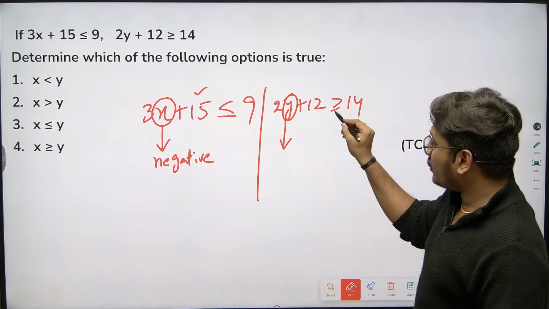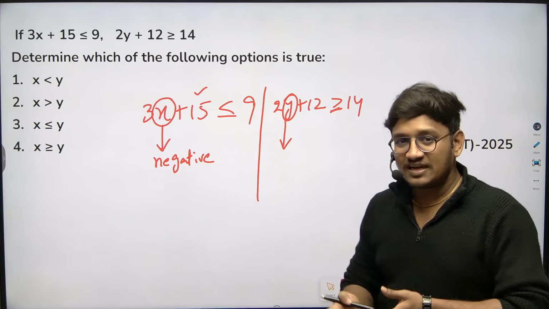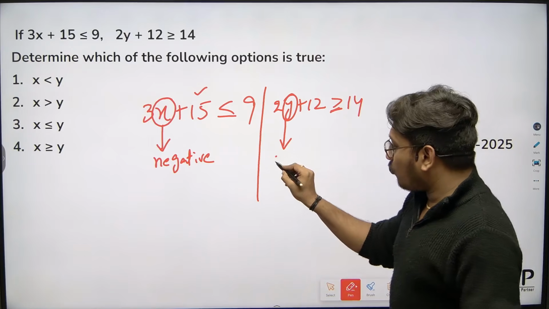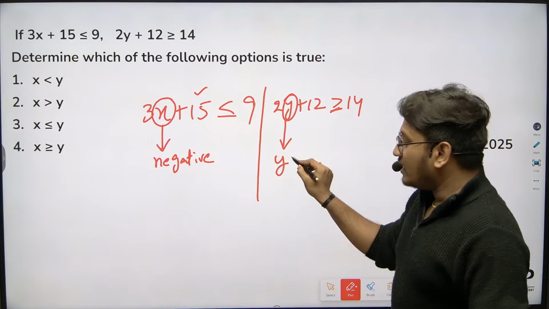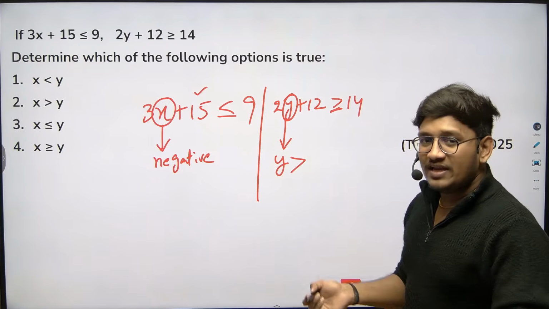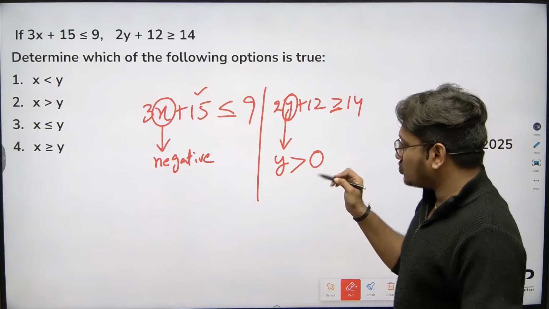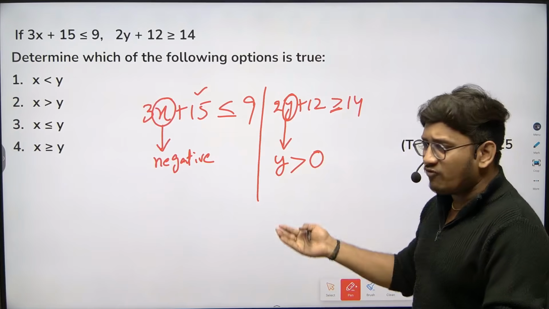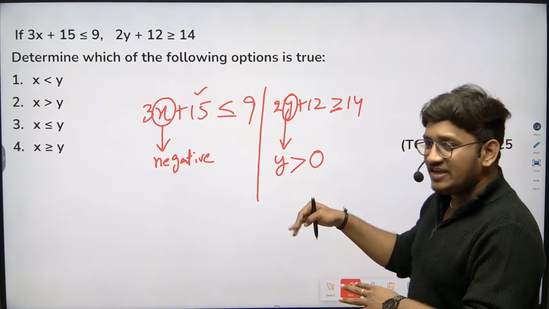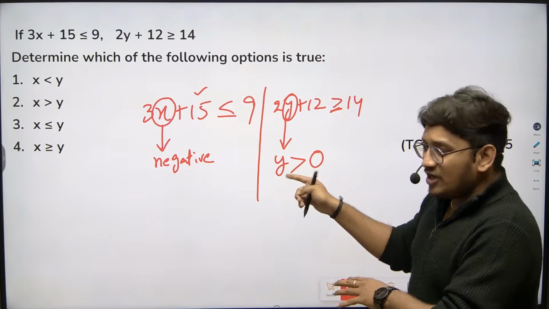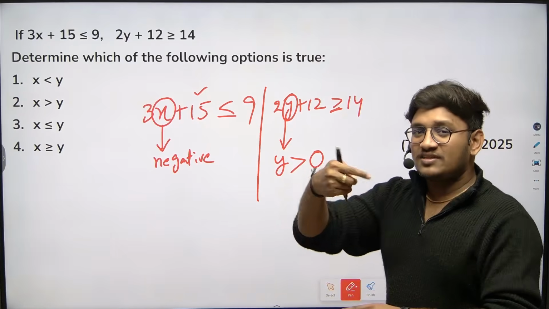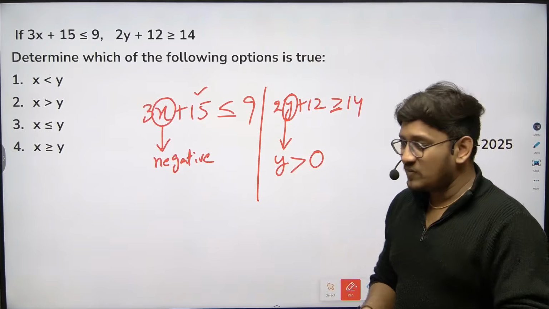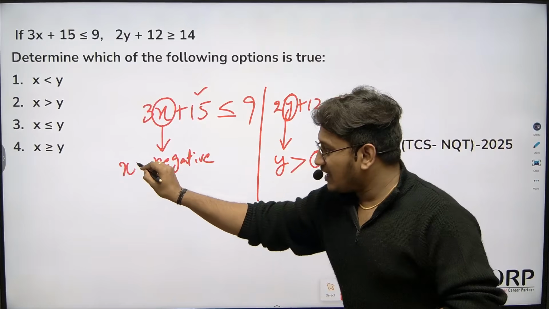Obviously they have given 'or equal to', so this condition is satisfied. Now I can say the y value should be greater than 0. Maybe it can be 1, 2, 3, 4, whatever it is. Y can take any value greater than 0, starting from 1. But the x value should be negative.